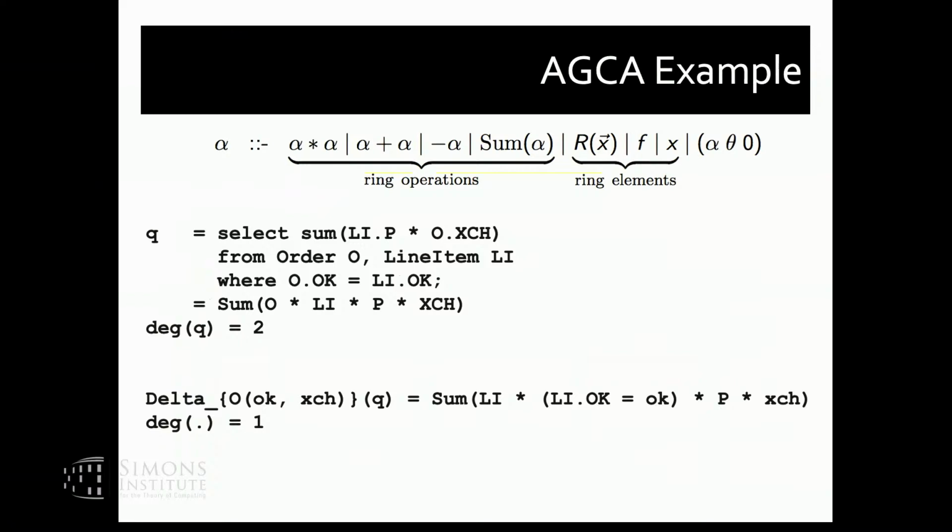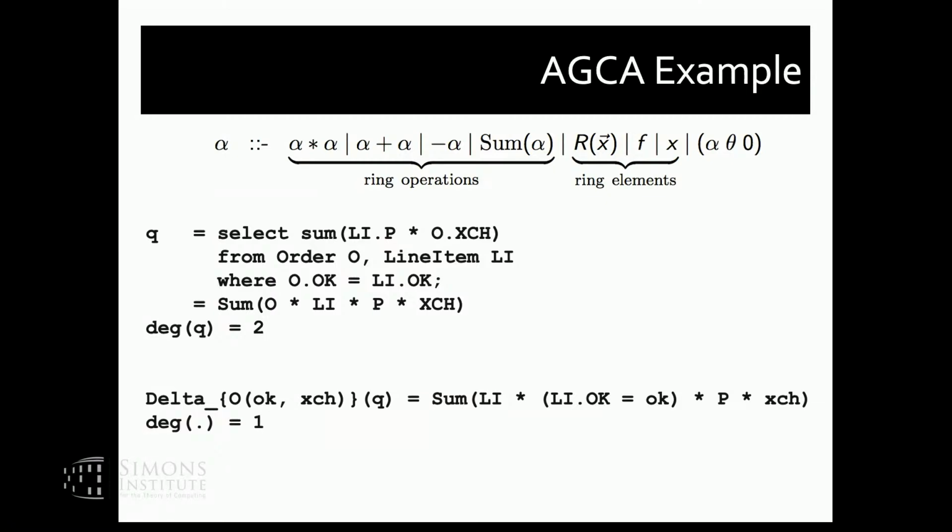I have an example. In this case, I write it like SQL because there is a direct mapping to our language. You can take such a query, and this is a very fast animation because I know I'm going to run out of time. I'm basically doing what we do here, on this SQL example. I want to compute a delta for this query Q. This is a TPCH-like schema, so I've got orders and line items.